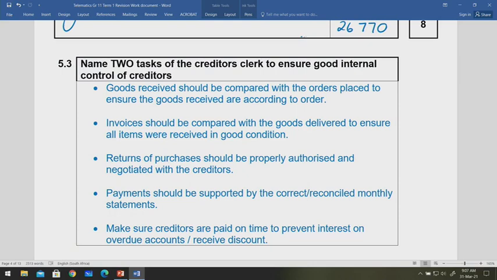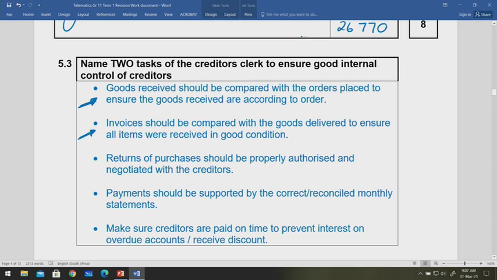The first one, goods received, should be compared with the orders placed to ensure that the goods received are according to order. We've ordered certain things, so when we receive, we check against the order. But we must also compare the goods delivered to ensure that all items were received in good condition.